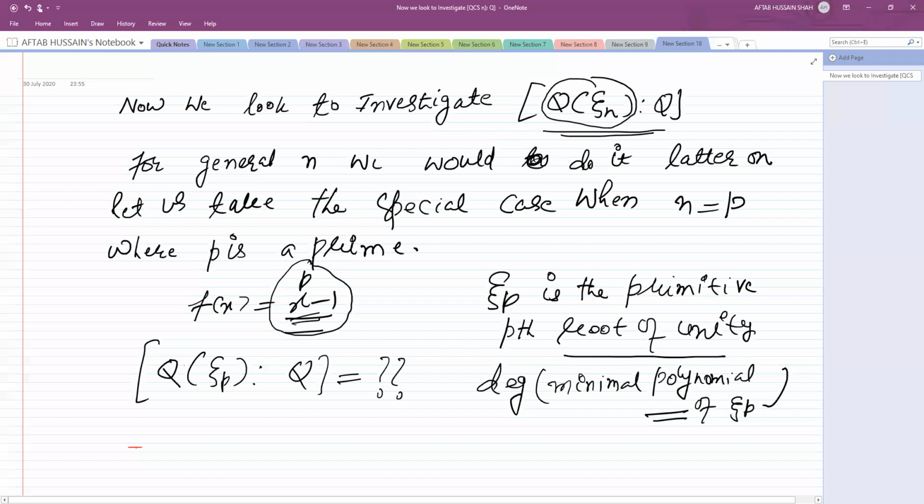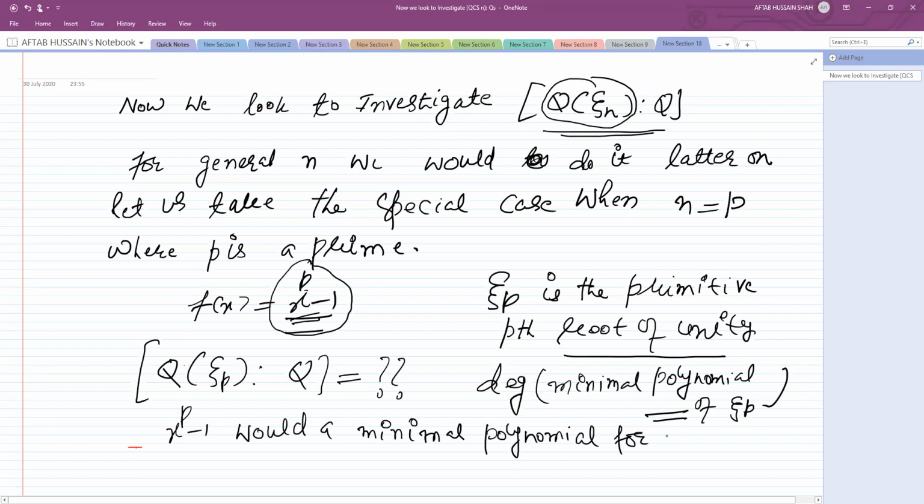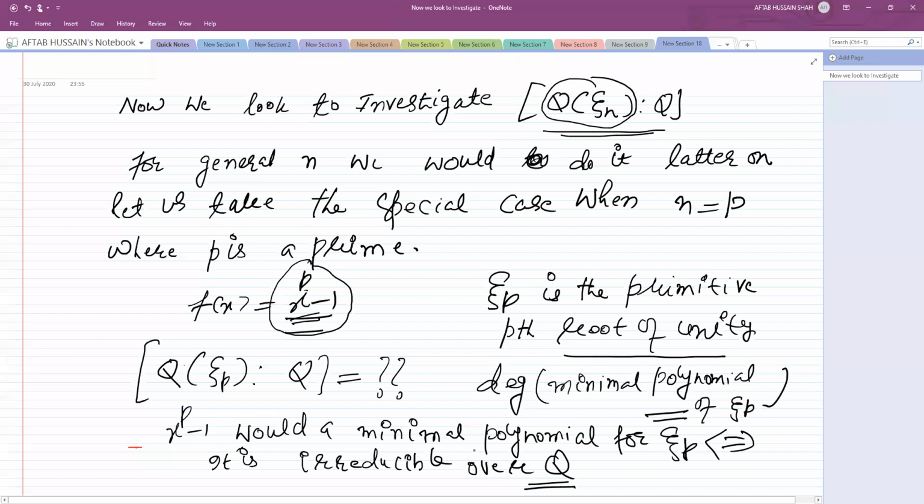Obviously, zeta_p satisfies this polynomial, and this is monic. So x^p - 1 would be a minimal polynomial for zeta_p if and only if it is irreducible over Q. And I can get its irreducibility by applying Eisenstein's criterion for irreducibility of polynomials.